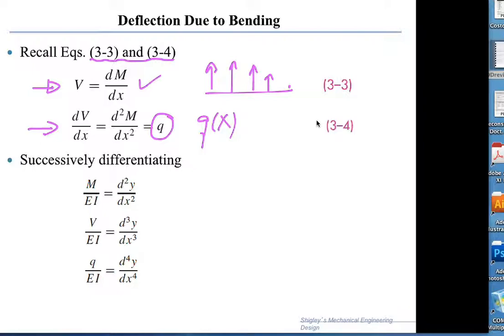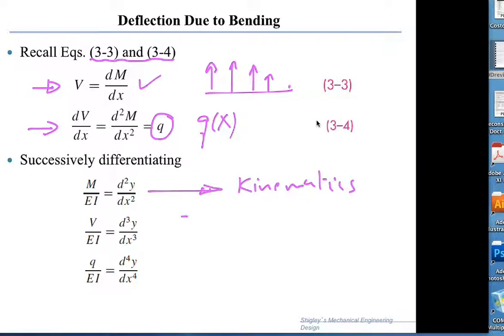So this Q is equal to dV by dx. And therefore we see right away that we have a successive set of differential operations. The second derivative of the curve is equal to M over EI. This is from kinematics.